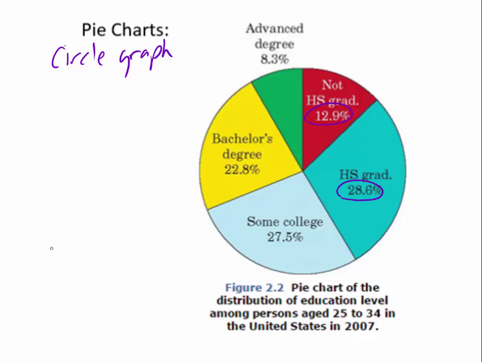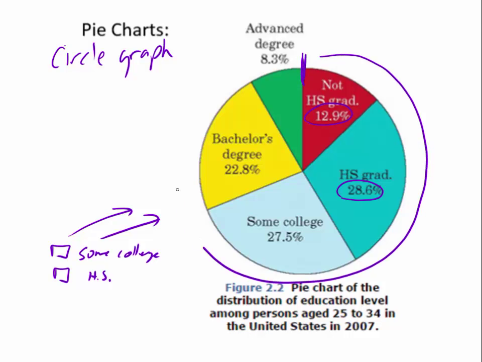A lot of times with circle graphs or pie charts, they'll have a key. They'll have their different colors, and then labels like some college or high school. And so then you'd be able to see what is what. Now I know a lot of programs that create circle graphs start at the top and rotate their way around the circle.